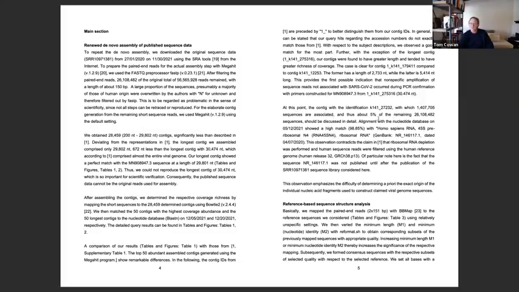This is a mouthful, but here we go. "At this point, the contig is the assembled genome with the identification, you see the number, with which 1,400,000 sequences are associated, and thus about 5% of the remaining 26 million sequences should be discussed in detail."